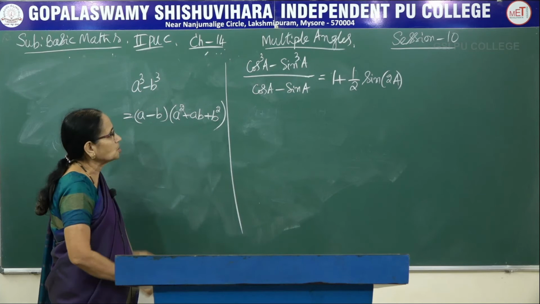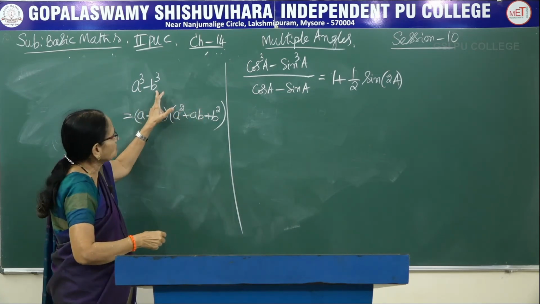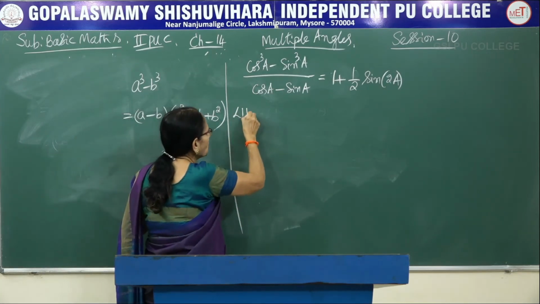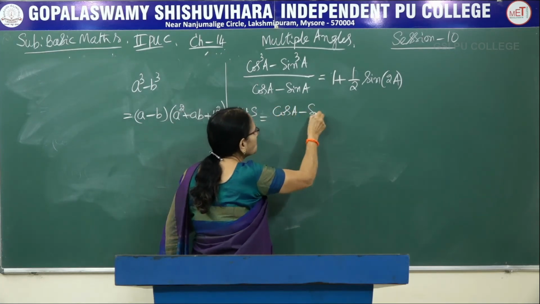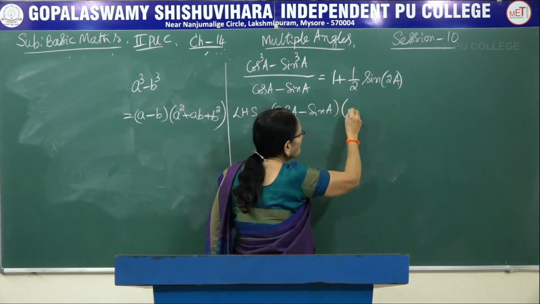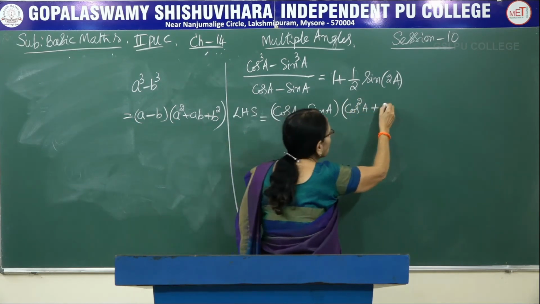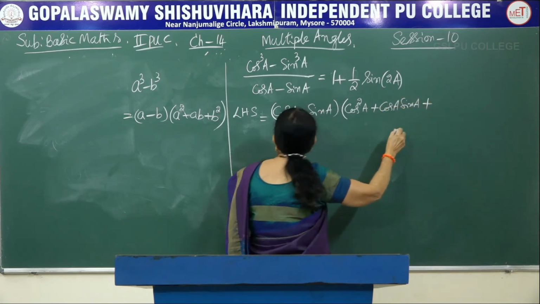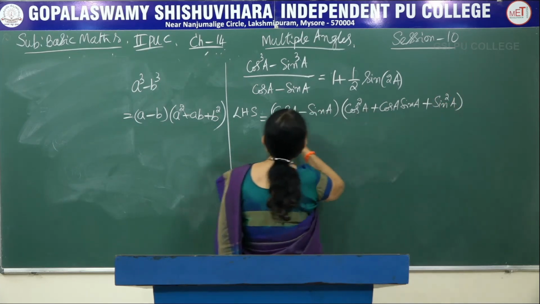Now I am making use of this one. Let us compare with the left hand side numerator. A cube minus B cube, I am having cos cube A minus sin cube A. So let me use that formula and refactorize the numerator. It is cos A minus sin A, that is A minus B, into A square, that is cos square A, plus A into B, that is cos A into sin A, then plus B square, that is sin square A. Close the bracket.